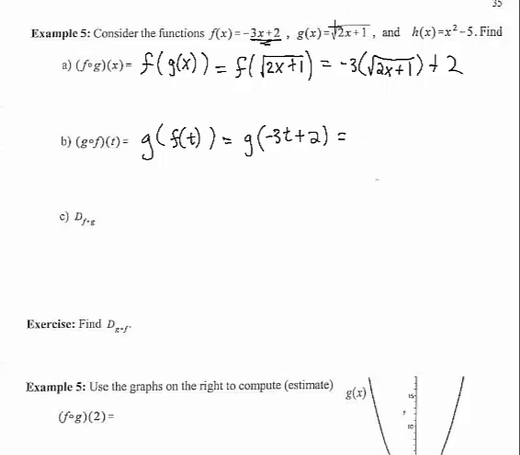The function g is a radical. Inside the radical we have 2, and then we have x, so 2 times x, and we don't want to write the x. We're going to replace the x with negative 3t plus 2 instead. And then to complete g inside the radical, we have a plus 1. And we can clean this up a bit.